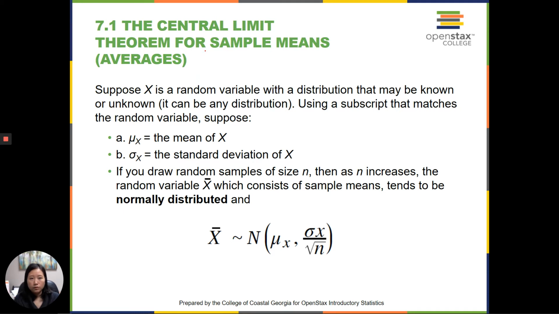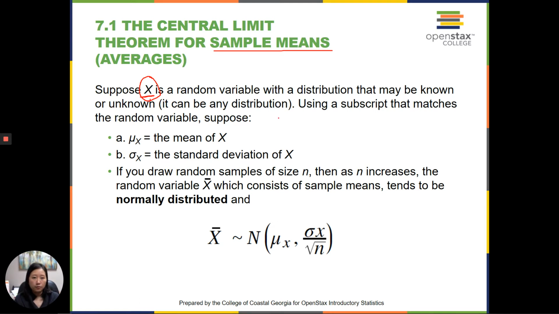First of all, we can look at the central limit theorem for sample means. Suppose x is a random variable with a distribution that may be known or unknown. That x itself can be uniformly distributed, exponentially distributed, or any kind of unknown distribution.